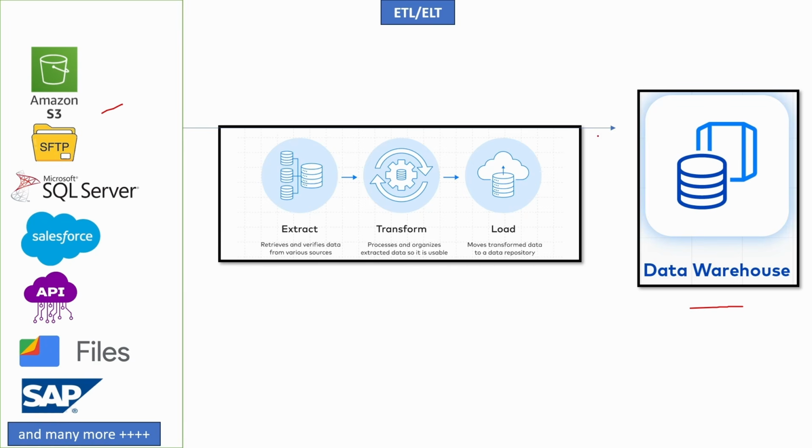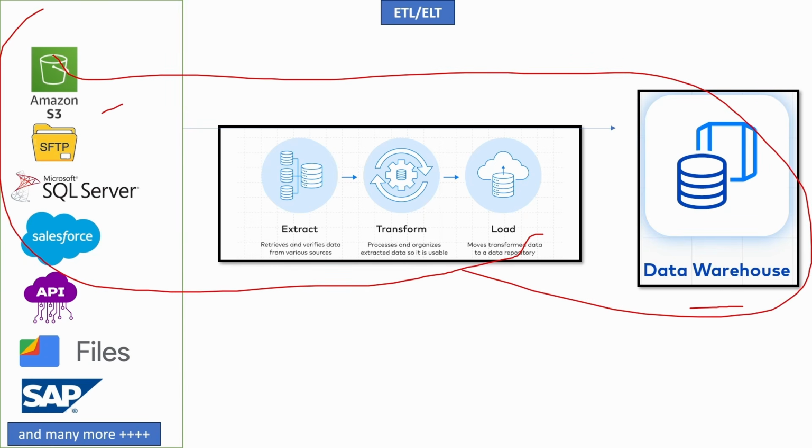Then we manage the data in the data warehouse. This whole process is nothing but data warehousing. That's it. Data warehousing is actually nothing but the way to process, manage, or organize the data inside your data warehouse.